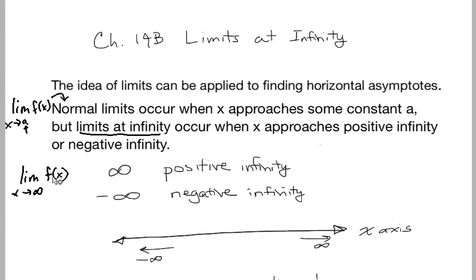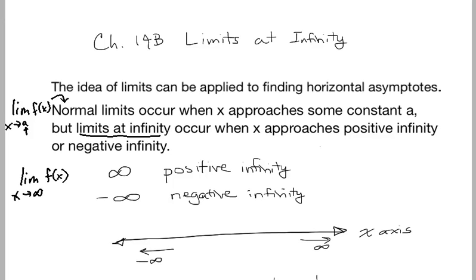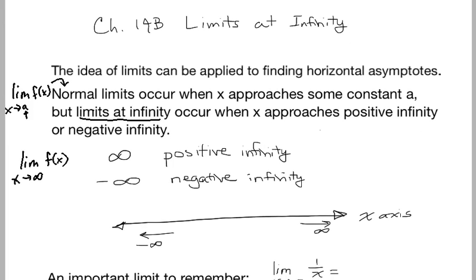So we're going to have some function, and we're going to look at how the y value changes as the input gets larger and larger. So you can see where this is going. We've talked about horizontal asymptotes before, and how a function approaches a certain number. Some functions have horizontal asymptotes because they approach a certain number as you get larger and larger values of x.